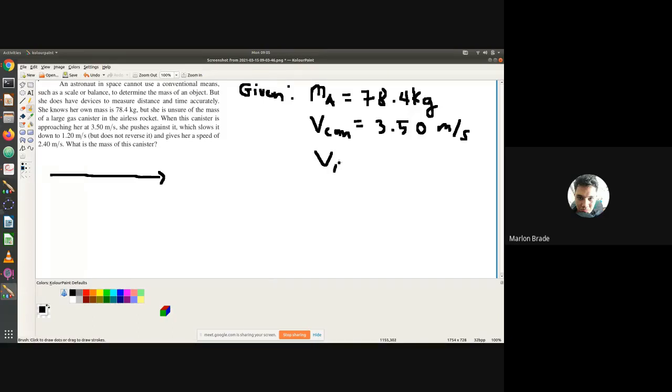Notice nga ang velocity sa atong astronaut is equal to 0, the initial. Para sa akoa, nagpundok man ko, wala ko galihok. So we are solving this problem with respect sa frame sa atong astronaut.